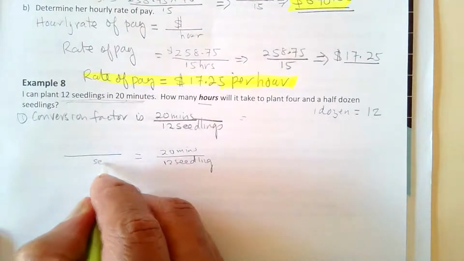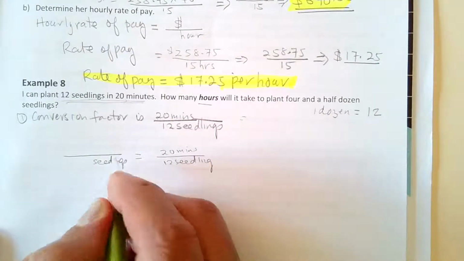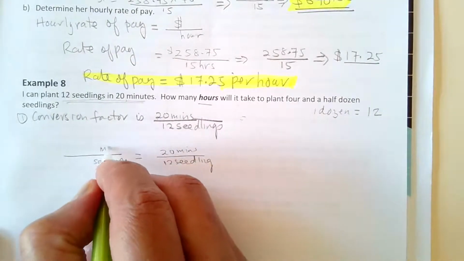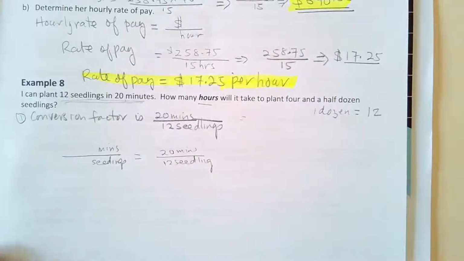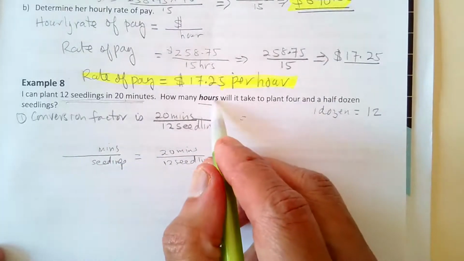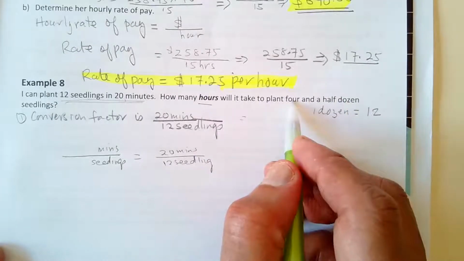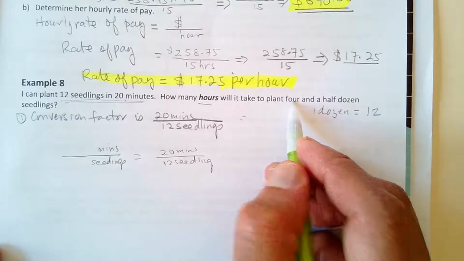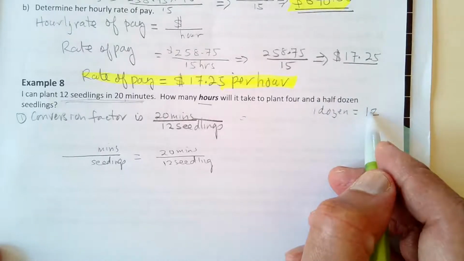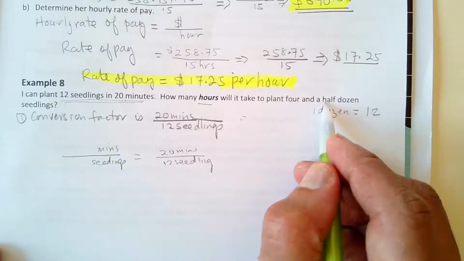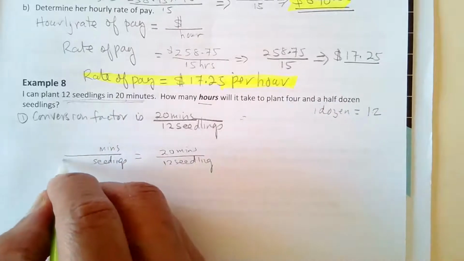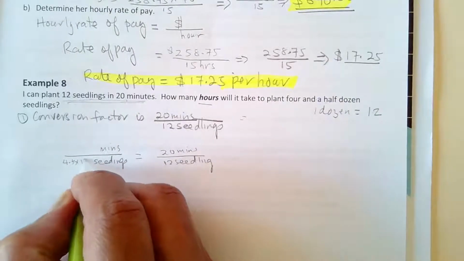So we'll have seedlings on here, and we have our time. How many hours will it take for 4.5 dozen? So 4.5 dozen will be 4.5 times 12.